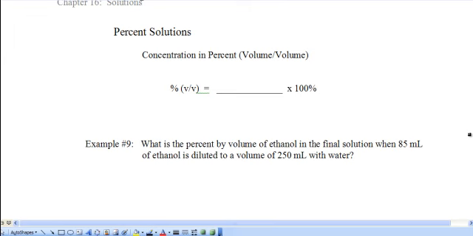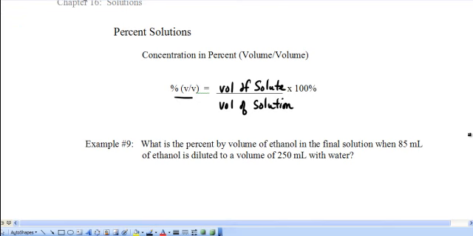But another way that you can express concentration as opposed to molarity is by a percentage. But there's two ways you can do that even. The first way we want to talk about is the percentage by volume. The percentage by volume, which is expressed as a percent sign with volume over volume, is simply the volume of solute per volume of solution made.